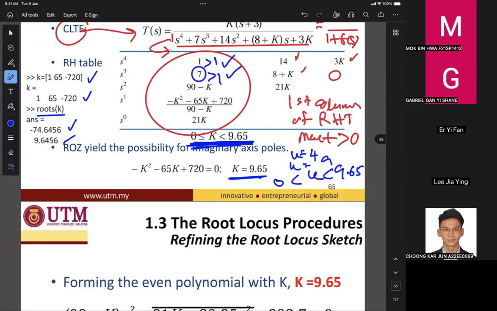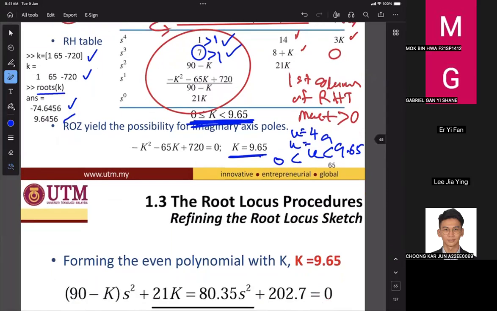That is wrong. When K is equal to 9.65, is it stable or unstable? Marginally stable. It is critical or marginal. Please take note. Okay. K is equal to 9.65, critical or marginal.